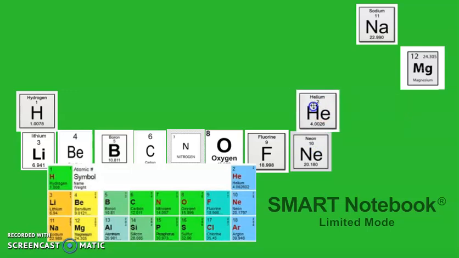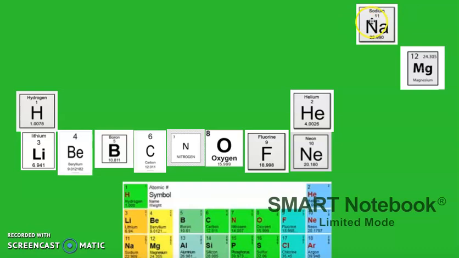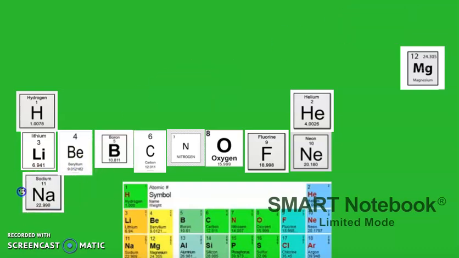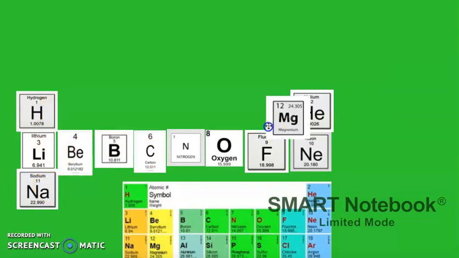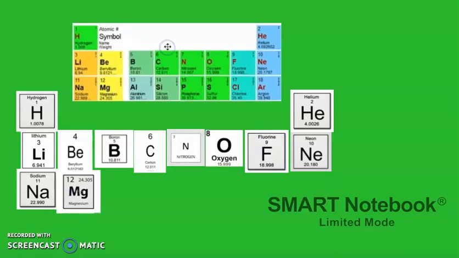So that's how these ended up getting put in the situation that they are on the periodic table. Now, sodium here, it interacts a lot. It only has 1 in its outer shell. And magnesium has 2 in its outer shell, which still interacts a pretty good bit. So that's how the first part of the periodic table got to be.